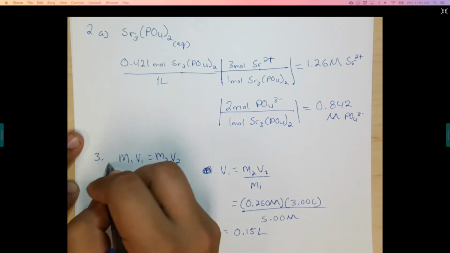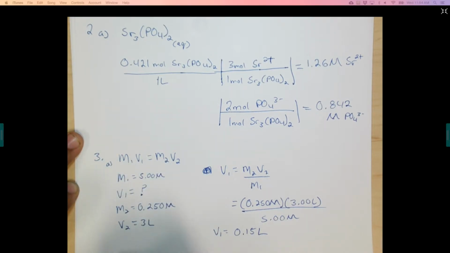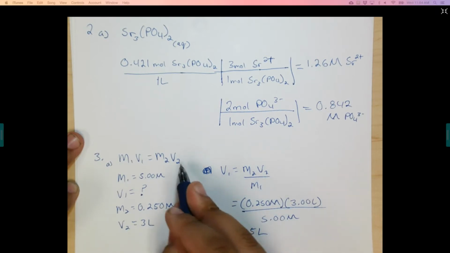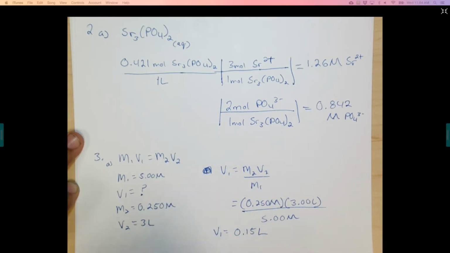Now, part B asks how much water we need to add to make the diluted solution. Well, we need 3 liters, so we take 3 liters minus the amount we're using from our stock, which gives 2.85 liters of water.